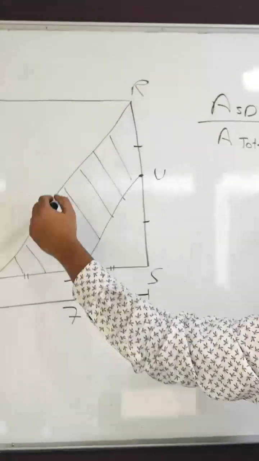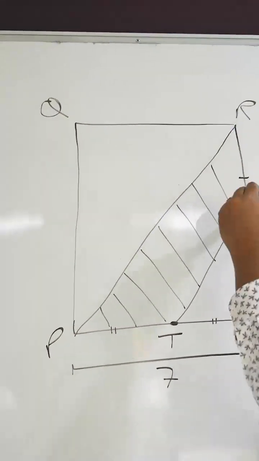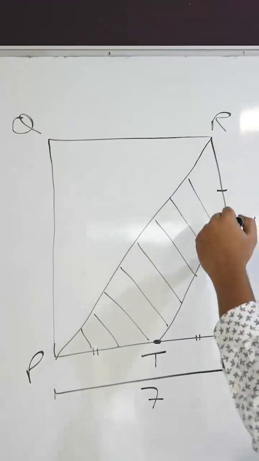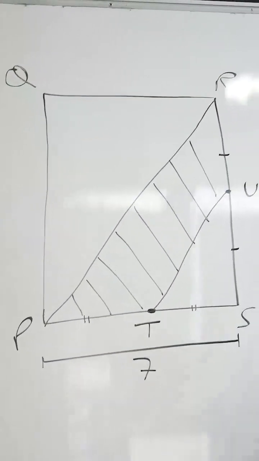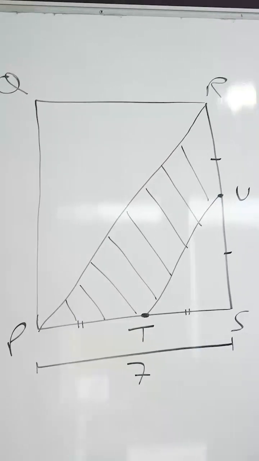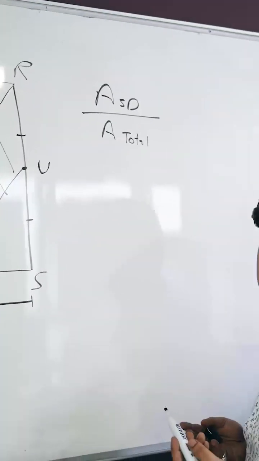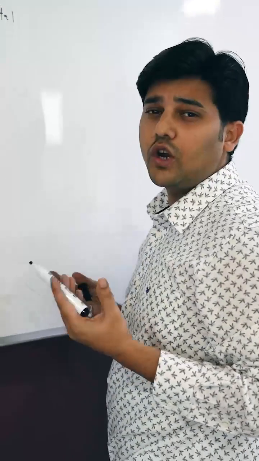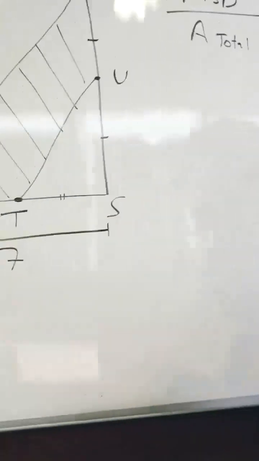There are multiple ways in which we can solve it. One way is, if I look at the figure PRUT, that looks like a trapezium to me, yes? I can very well use the formula for trapezium, but does everyone know the formula for trapezium? I don't think so. So it's not a wise way to handle the question.